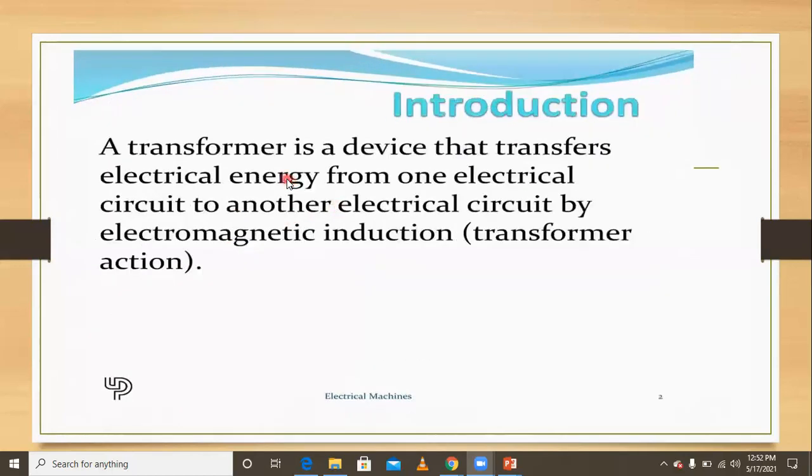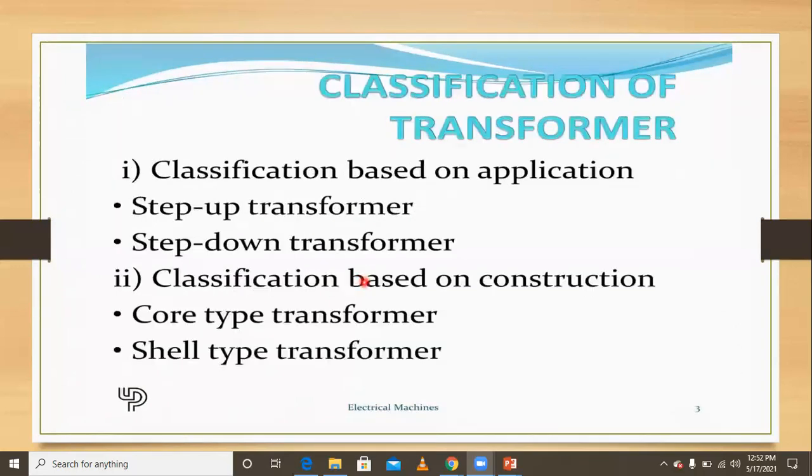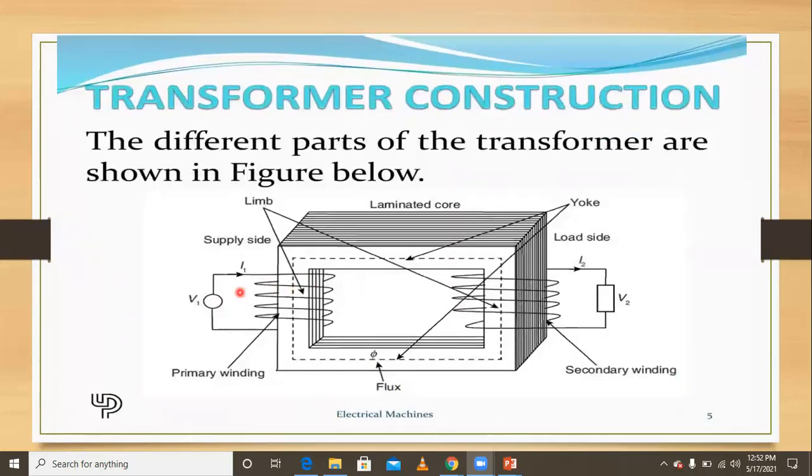Also, the transformer is not a generating device. It is not an energy generating device. That means it is not a power amplifier. Power amplifier means increasing the power levels. The input and output power of a transformer are the same. Input side power is V1 I1 and output side power is V2 I2.